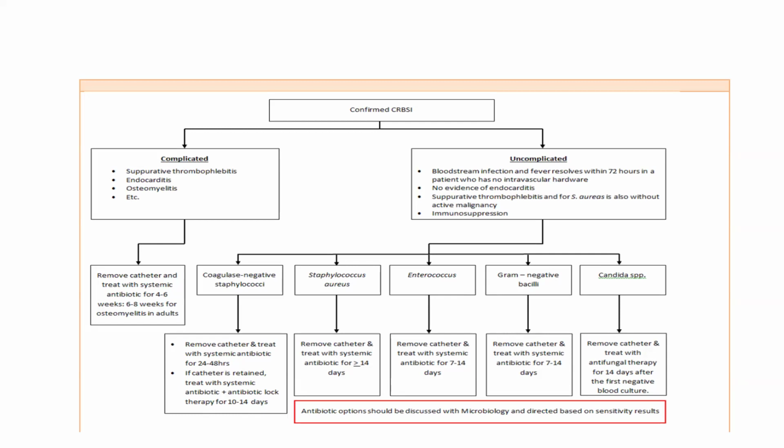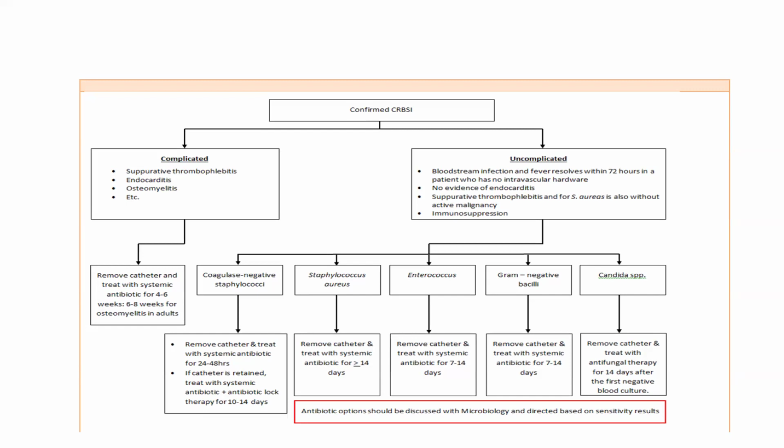If the isolated organism is coagulase-negative staphylococcus, then remove the catheter and treat with systemic antibiotic for 24 to 48 hours. If the catheter is retained, treat with systemic antibiotic and antibiotic lock therapy for 10 to 14 days.